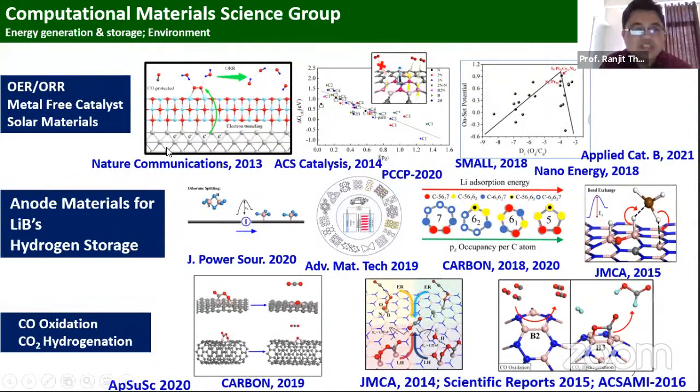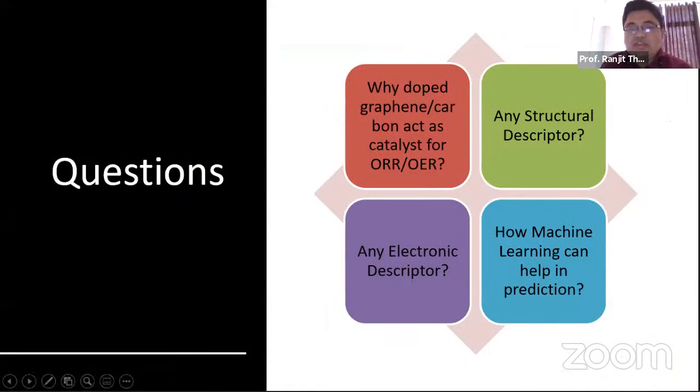So these are the three areas where we are working, and of course I will focus on this one which recently we have published in this article. So let's go ahead about that. So what were the questions? A lot of questions in our mind around 4 or 5 years back: why does doped graphene or carbon act as a catalyst for ORR or OER or anything?